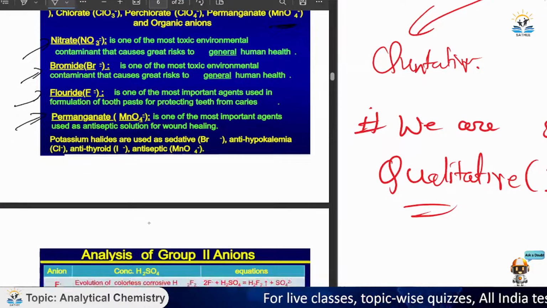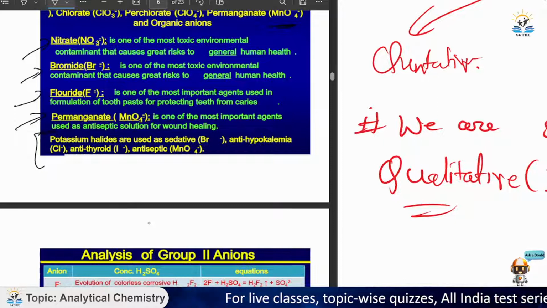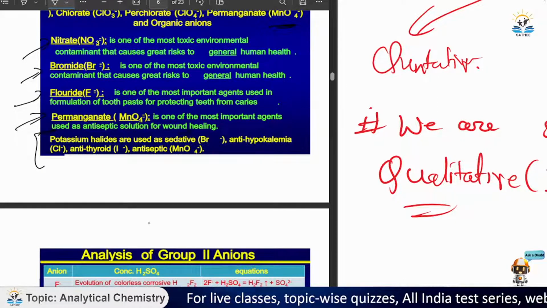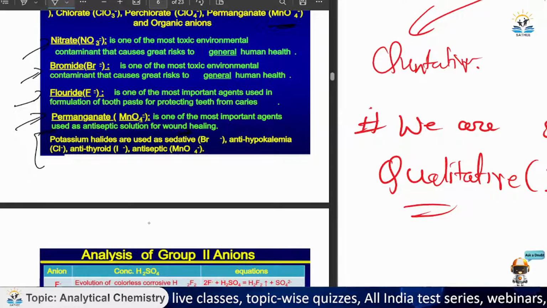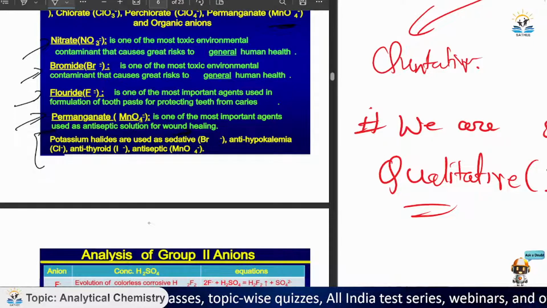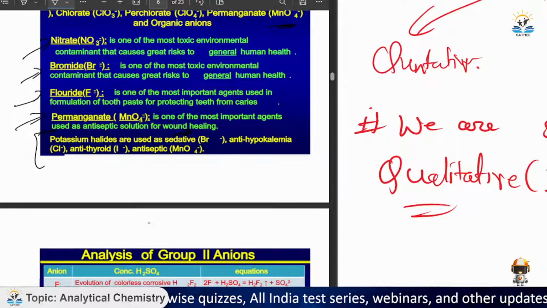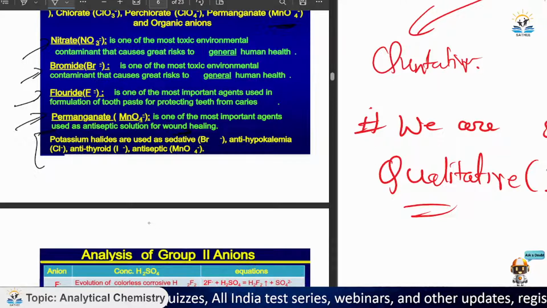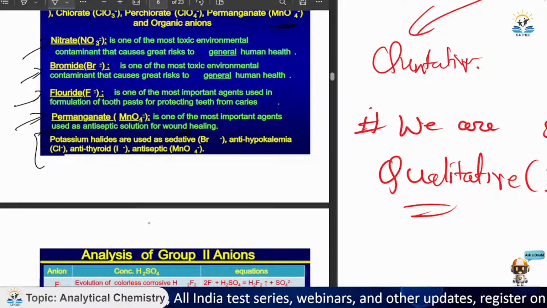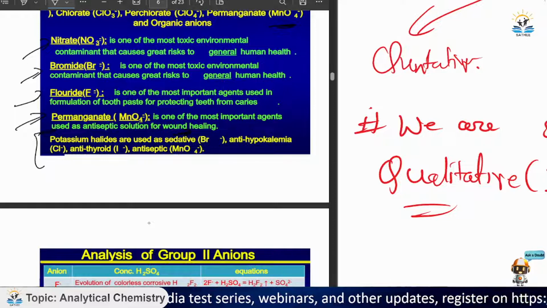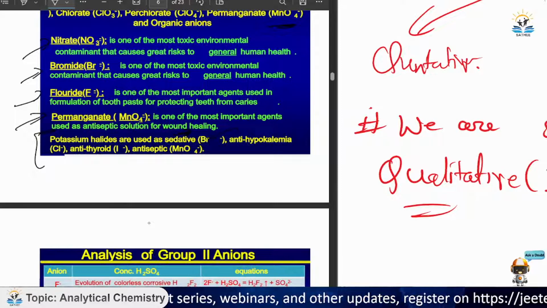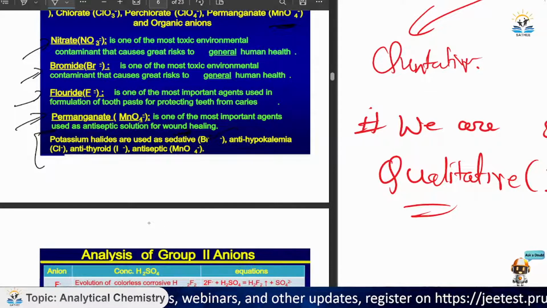Here it is written: potassium halides are used as a sedative. It may also be asked in your exam what type of compounds are used as a sedative, so you have to write potassium halides. For example, the bromide anion is used for sedative.